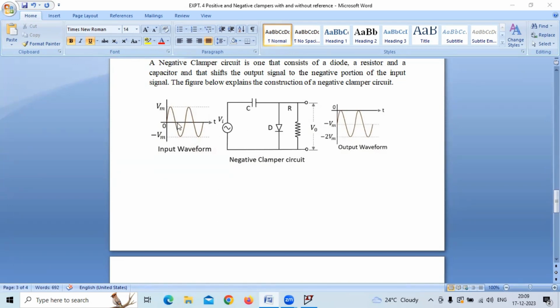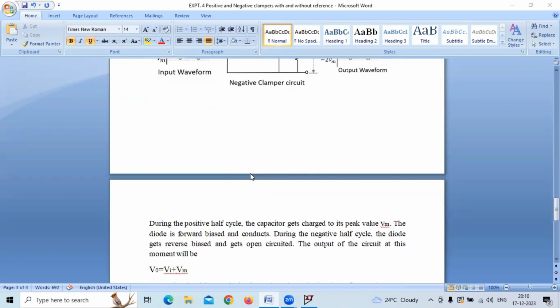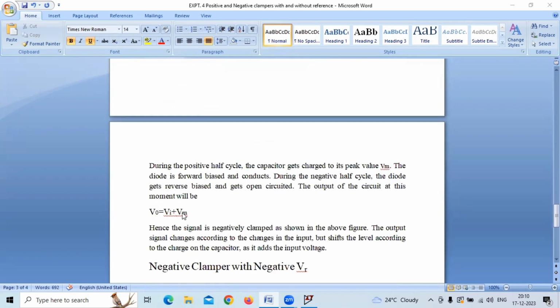In the next cycle, when the negative half cycle comes, this terminal becomes negative and this terminal is positive. Therefore, the diode is said to be reverse biased. In this case, it is open circuited. Therefore, output appears across the load resistance, where V naught will now be equal to the discharged voltage of the capacitor plus the input voltage, V naught equals Vi plus Vm.